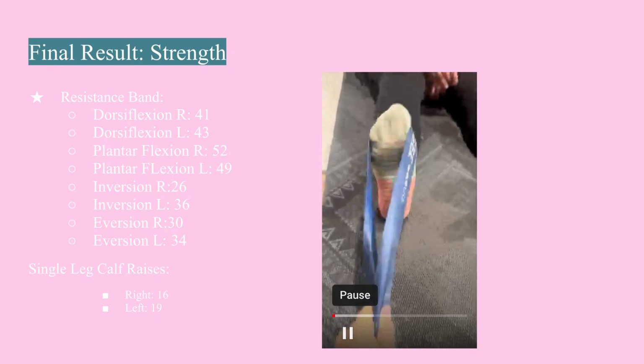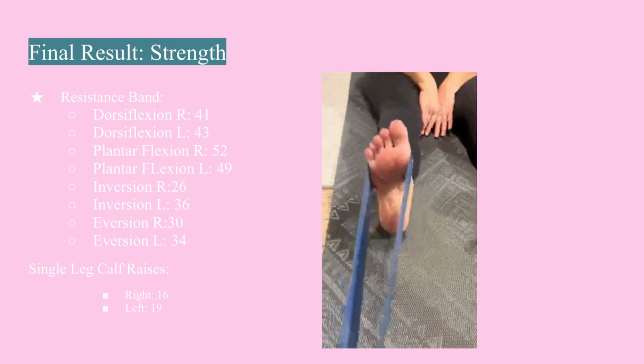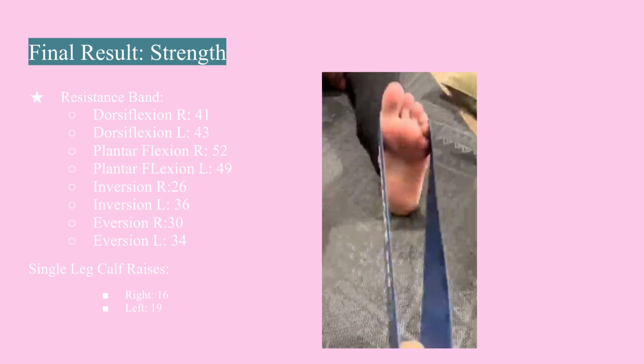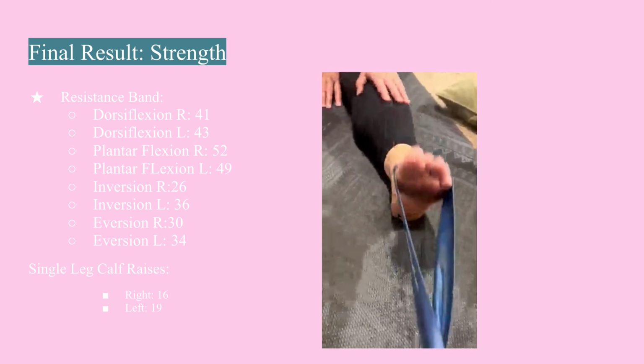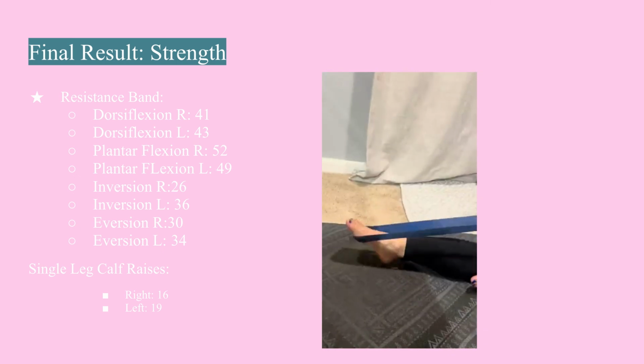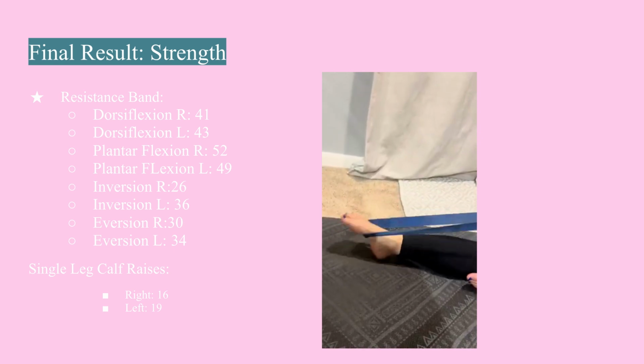For strength, she was able to get 41 reps of dorsiflexion with the band on her right, and on her left, 43. For plantar flexion with the band, she was able to get 52 on her right and 49 on her left. For inversion, she was able to get 26 on her right and 36 on her left.